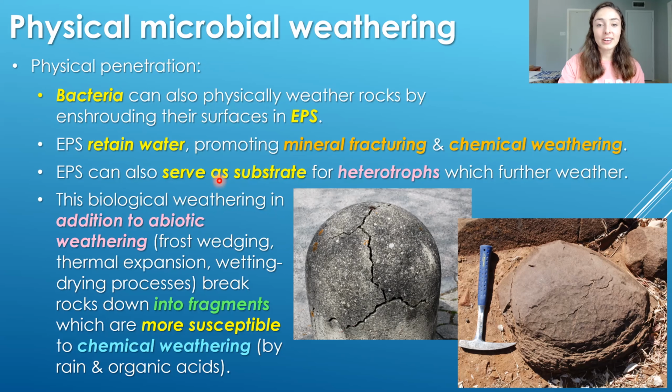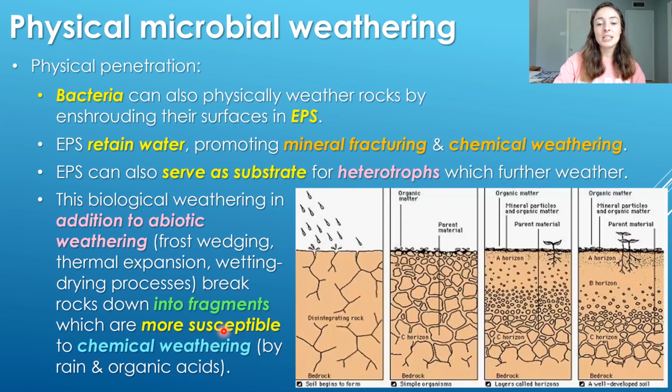So biological weathering together with abiotic weathering processes like freeze-thaw weathering, where water within the rocks can freeze and then thaw, expanding and contracting the ice, and thermal expansion and contraction, and wetting and drying processes, all these abiotic processes occurring along with biological processes really break down rocks into tinier and tinier fragments, which become more susceptible to chemical weathering, further breaking down the rocks until finally soil can form.